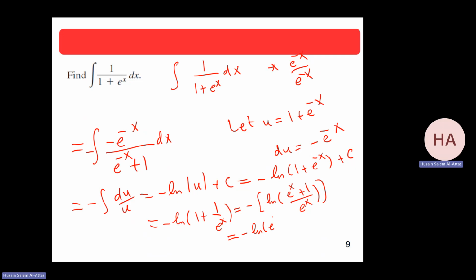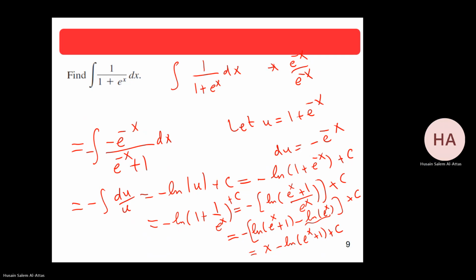So it will be ln of e to the power x plus 1 minus ln of e to the power x. And this is x. So that gives me x minus ln of e to the x plus 1. Don't forget plus c. Always there's plus c. That will be the answer.